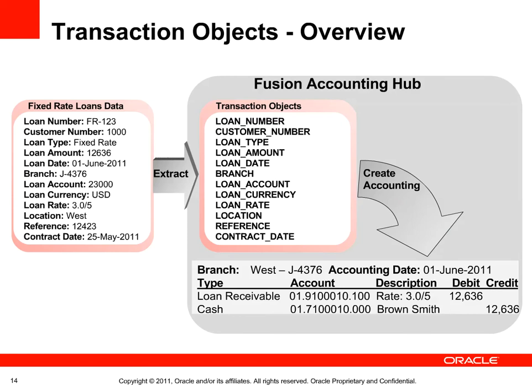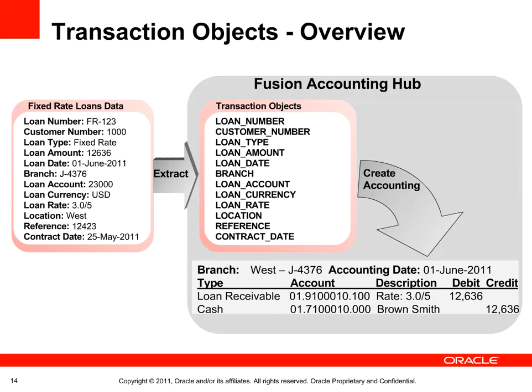A transaction object is the data model containing transaction information pulled into FAH to be used by the Create Accounting program to create subledger journal entries from accounting events. Transaction objects hold source data for accounting events.